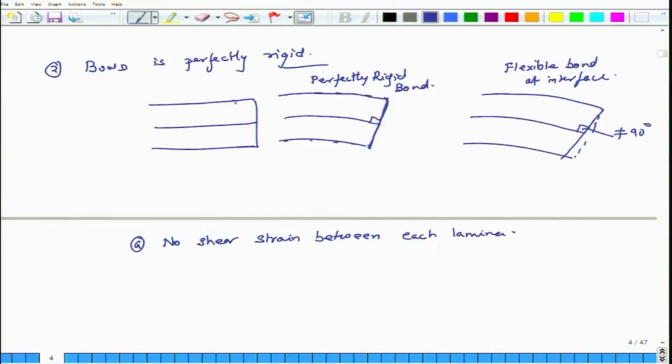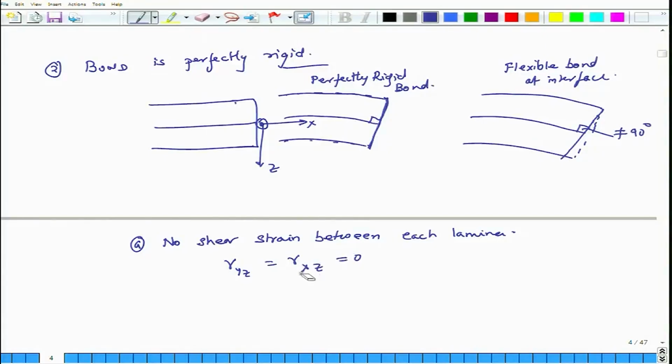And if this is my z axis, this is my x axis, and the plane vertical to the computer screen is the y axis, if there is no shear strain between each lamina, essentially gamma yz equals gamma zx equals 0.